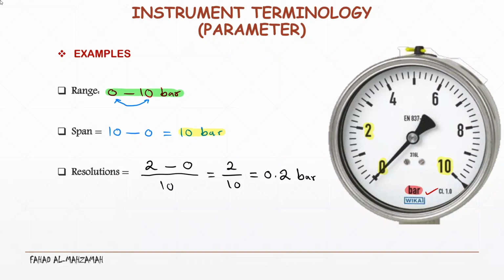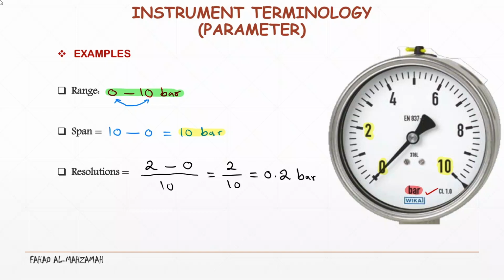Now, you need to check for the whole gauge, because we mentioned that some gauges have more than one resolution. So you need to make sure that this resolution is spread across all the gauge, and the gauge has only one resolution. Otherwise, you need to solve for the other resolution and mention this resolution is affected from this value to the other value.